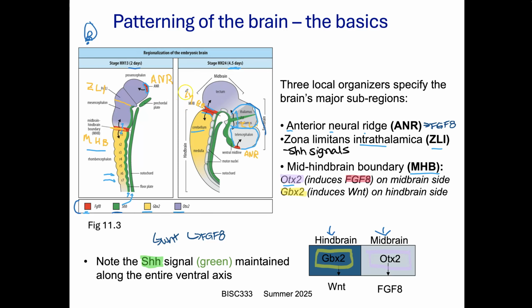And then the MHB is specifying the boundary distinctly between hindbrain and midbrain. Those are the main things for you to remember.